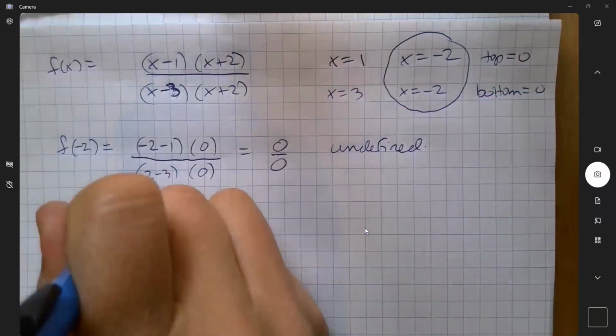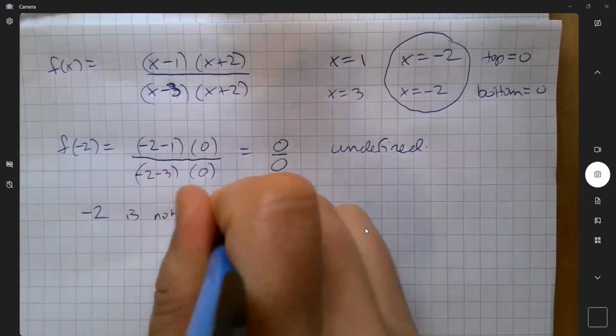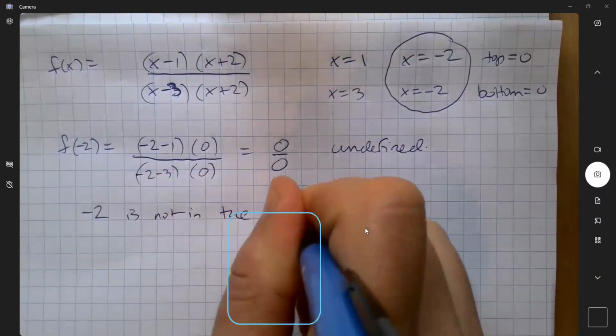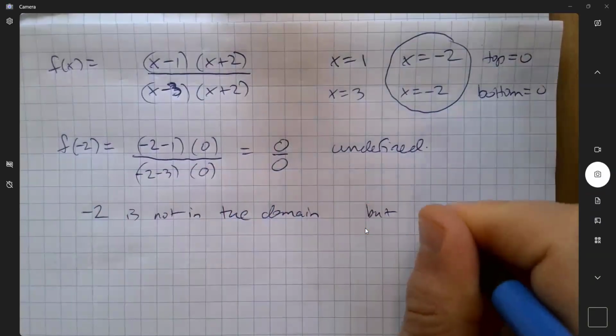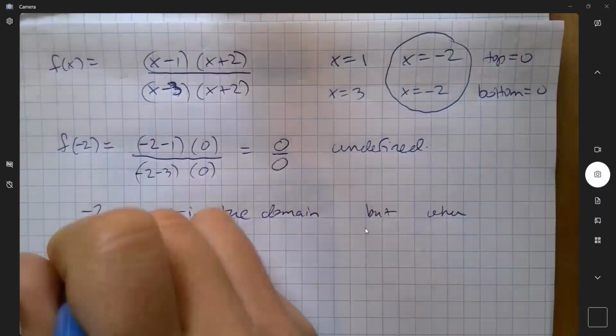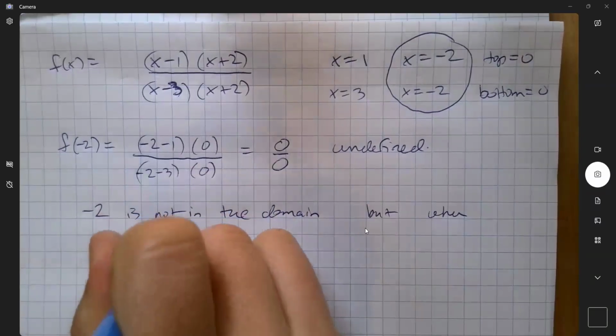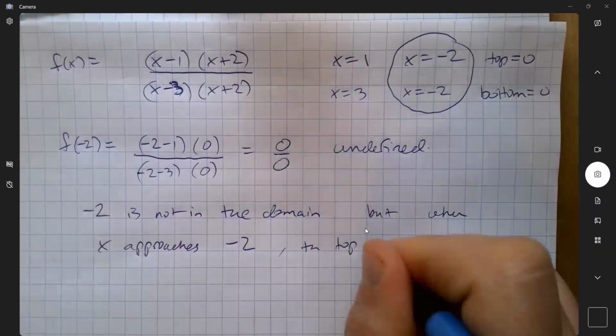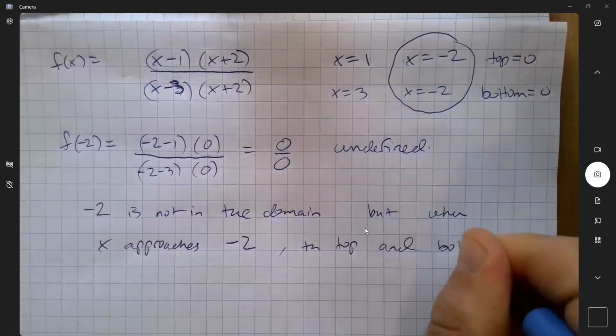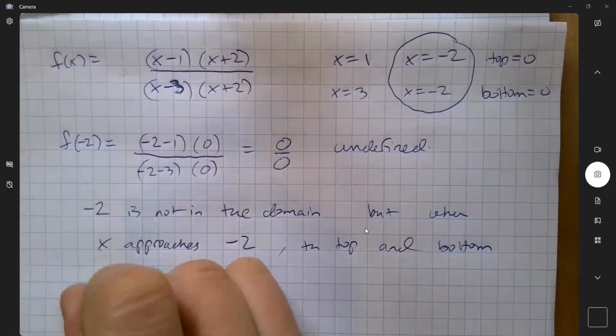So -2 is not in the domain, but when x approaches -2, the top and bottom balance.